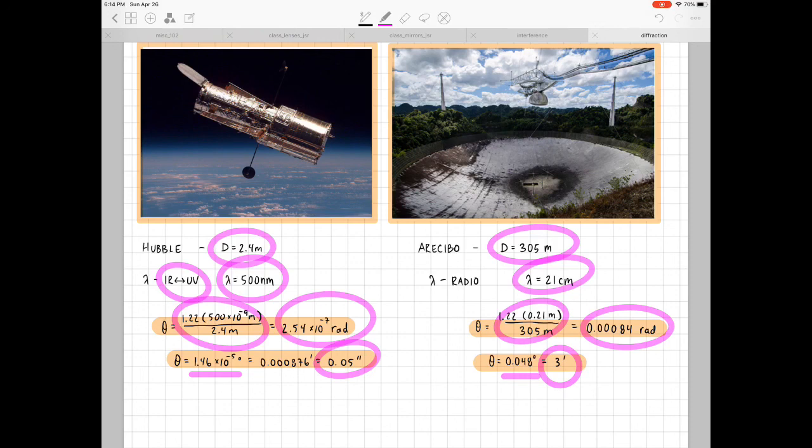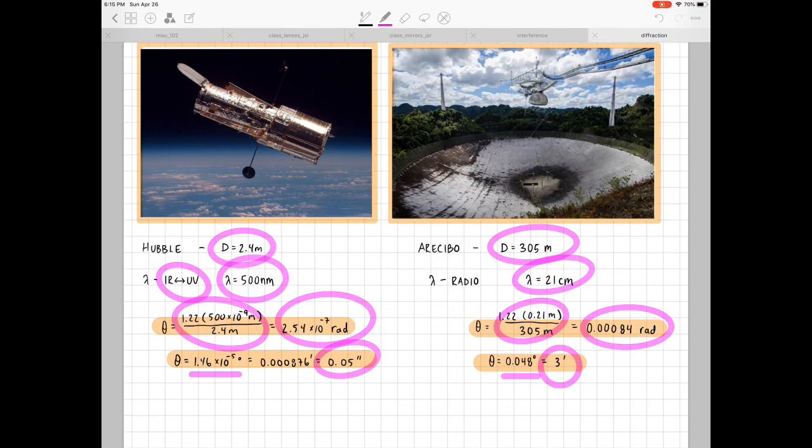So even though the Arecibo diameter is over 100 times larger than the Hubble Space Telescope, the wavelength that gets observed at Arecibo is way, way more than 100 times longer than the wavelength observed by the Hubble Space Telescope.